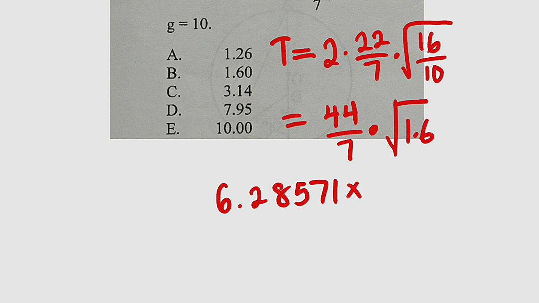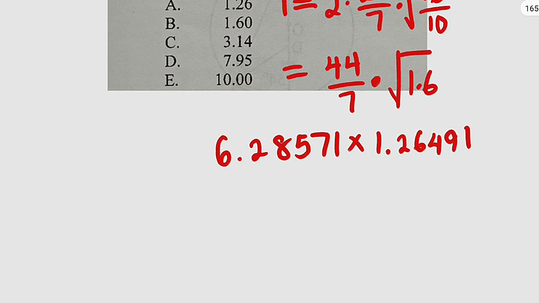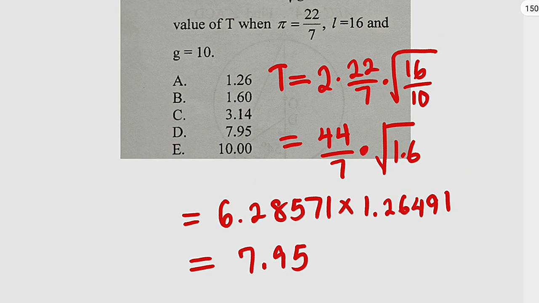Then you multiply that by the square root of 1.6, and the square root of 1.6 is equal to 1.26491. Then you multiply the result. This is equal to 7.95 in 2 decimal places, which is option D.